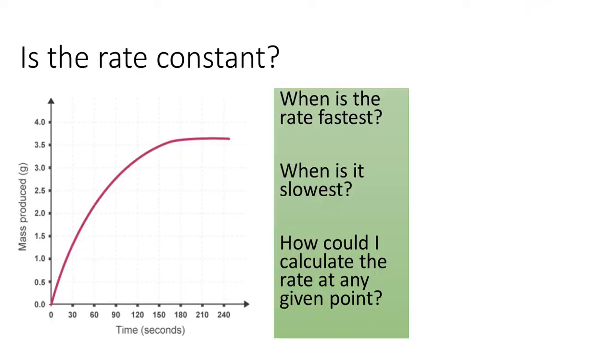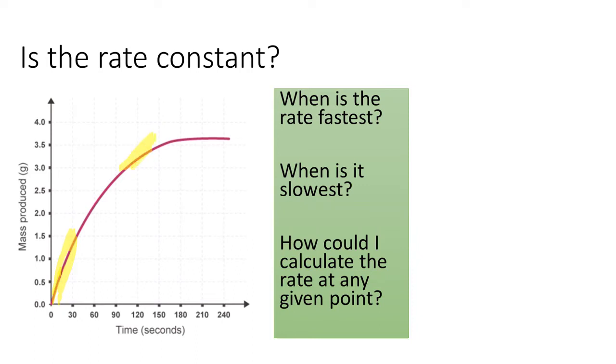So I'm going to change my pen if I can find it. When we looked at the reaction last week, this first bit here that I'm just drawing yellow next to, where it's a really steep gradient, it shows it's a really fast reaction.